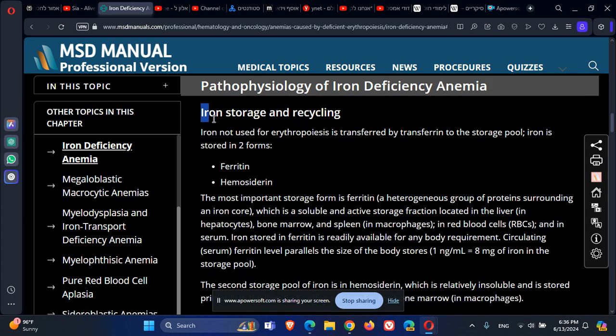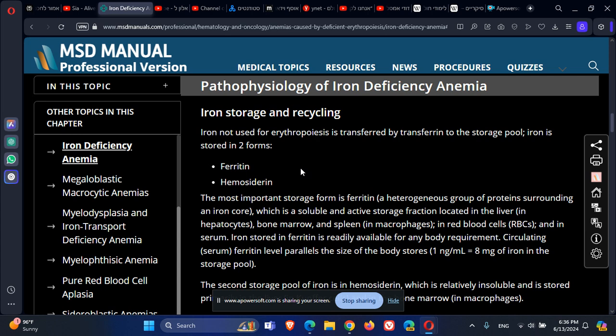The storage of iron in the body is mainly in two places, hemosiderin and ferritin. The most important one is ferritin, which is the one we check in a blood test, and it is the most important evaluation of iron stores. There is one problem with ferritin: it is an acute phase reactant.